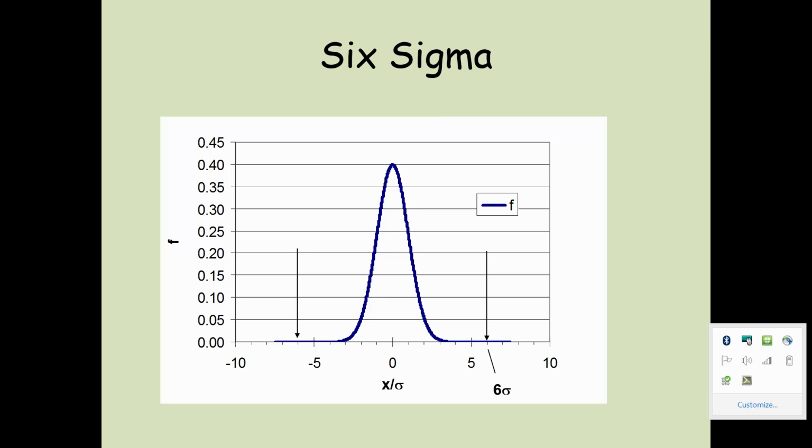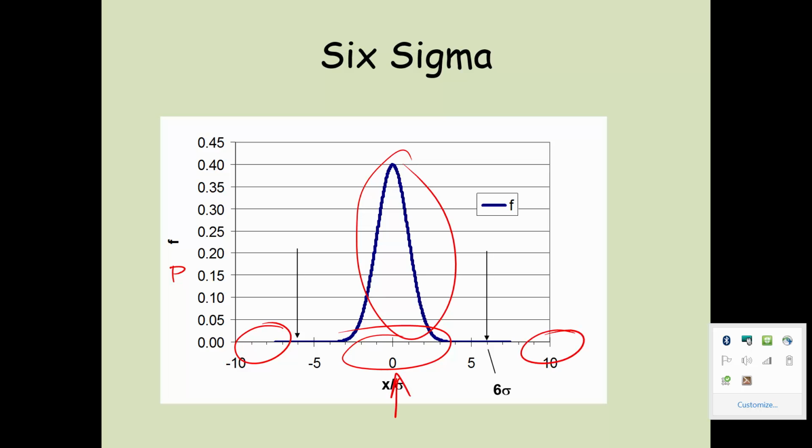And within the idea of Six Sigma, this is a probability distribution function. We can call it F, or we can call it P. What we're saying is that it's going to be a very tight distribution such that most of the values of your product will have a value within this range that would be within the desirable range, and very few of them would fall out here. So let's say that right here, this is the mean of the desired characteristics of a product.